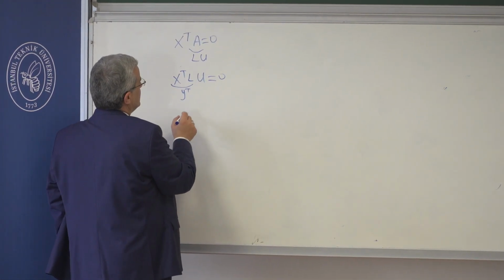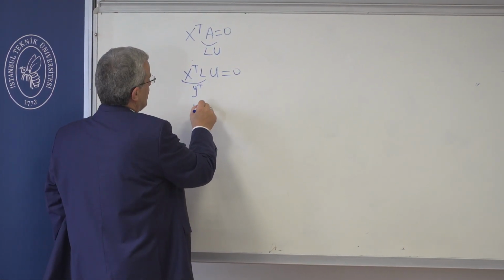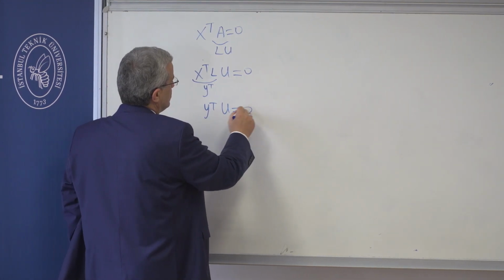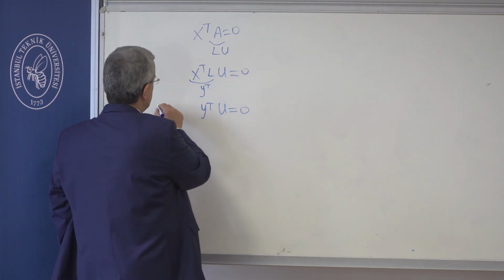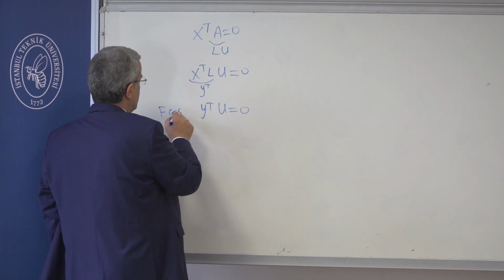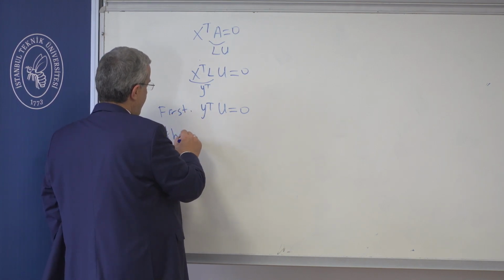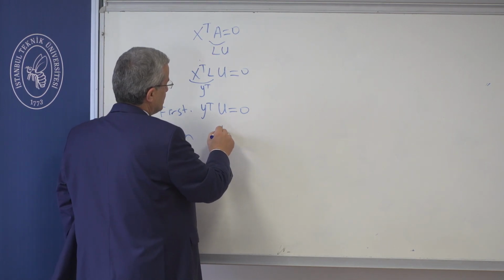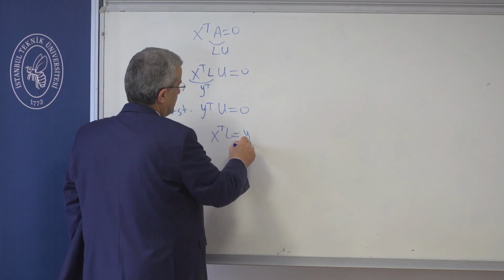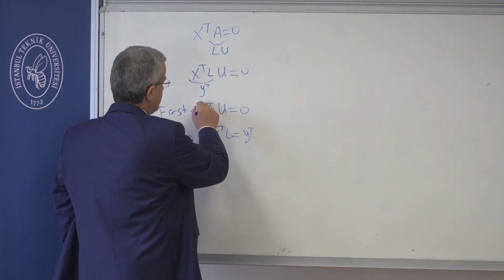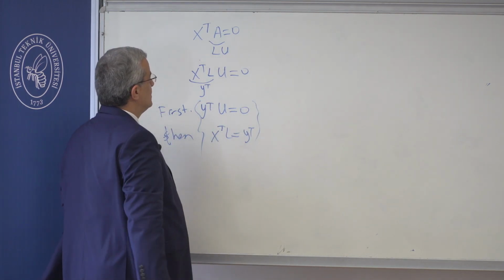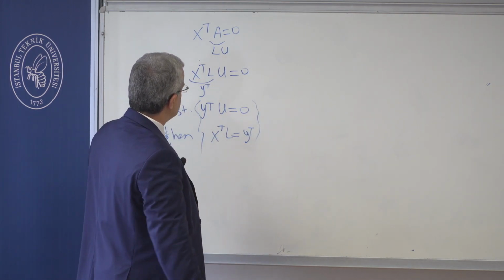We rename it. So this becomes Y transpose U equal to 0. You solve this first. Then X transpose L is equal to Y transpose, okay?